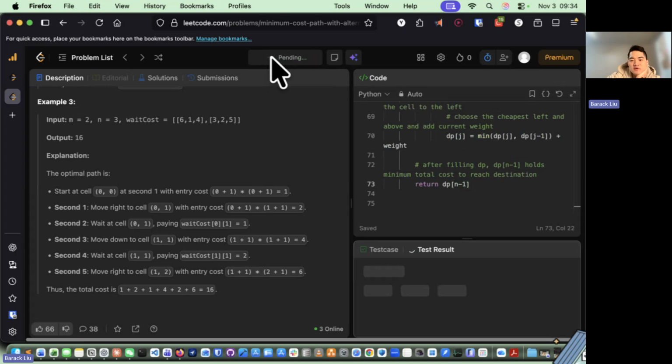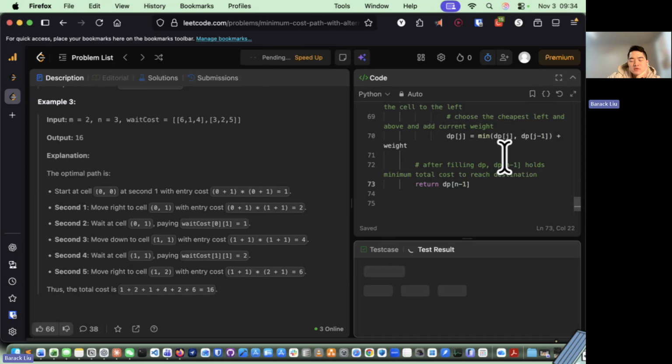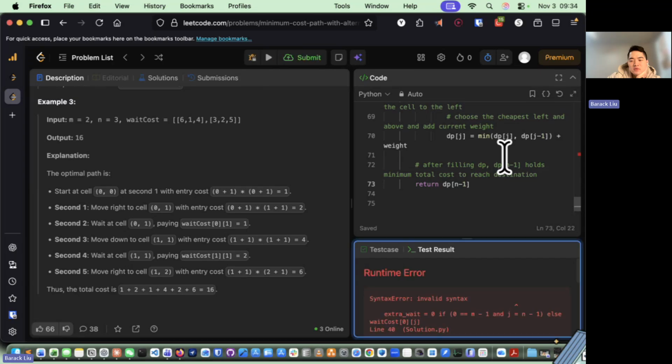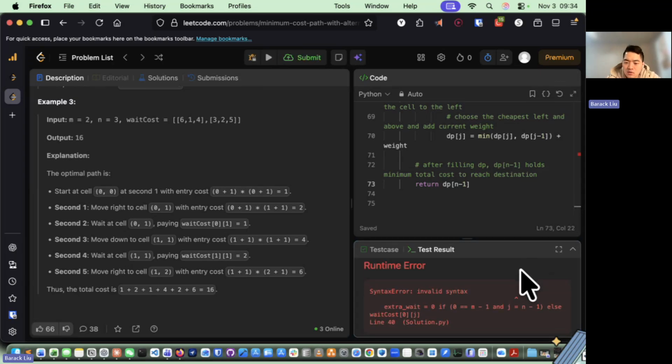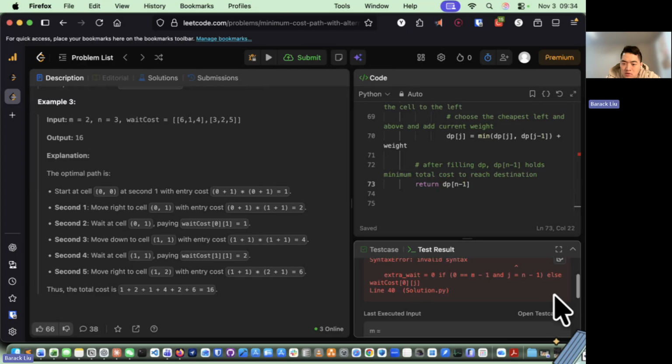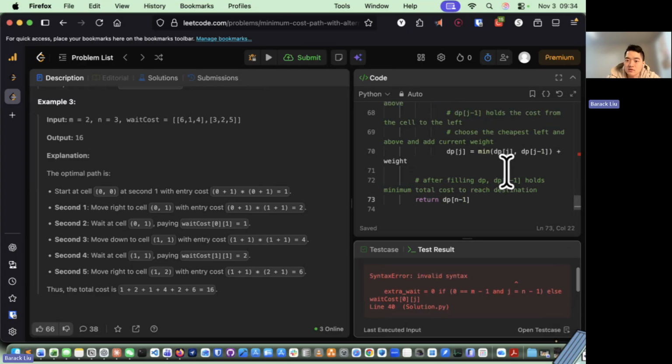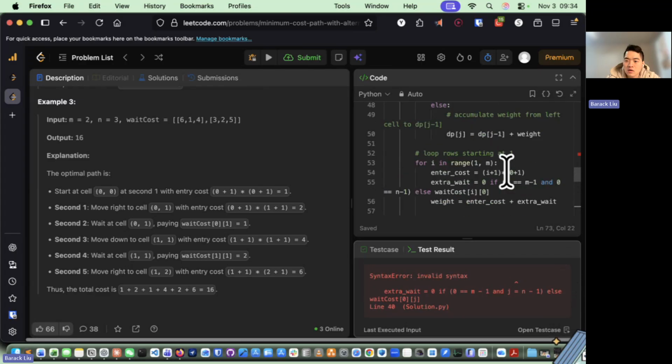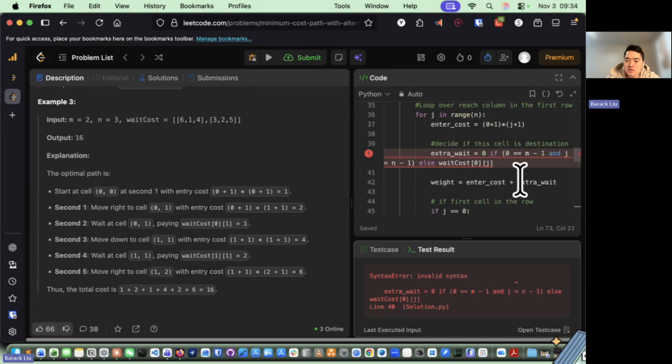Anyway, let's try to run it first. Okay. So this is line 14. What's wrong with it? Actual weight.